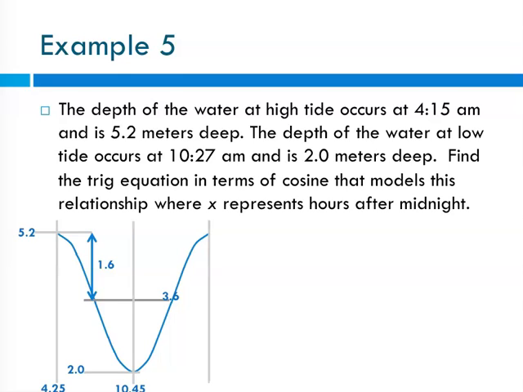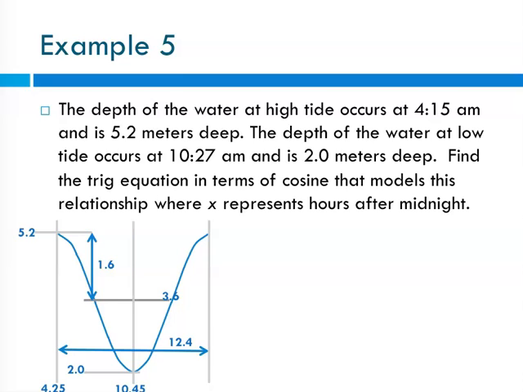Okay, from there, from 4.25 to 10.45, that's a distance of 6.2. So until it gets back to high tide, that's another 6.2 hours, which means that this entire distance here is 12.4. Now you know that this distance represents the period of the function.